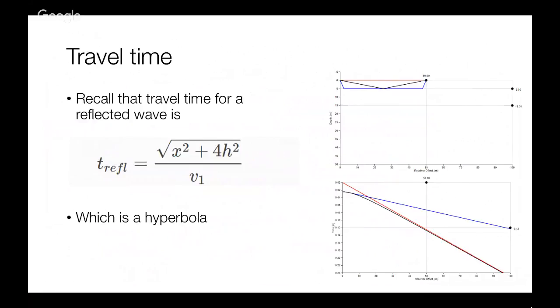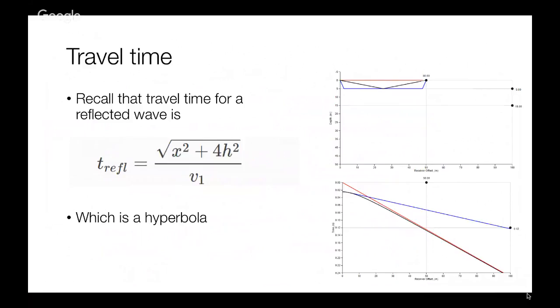So when we look at this here, this is going to be one of our common midpoint gathers. And so here we're plotting the offset of your source and receiver as a function of your reflection time. And you can see that we have a hyperbola shaped change in our curve here.